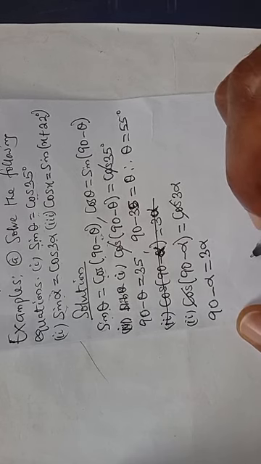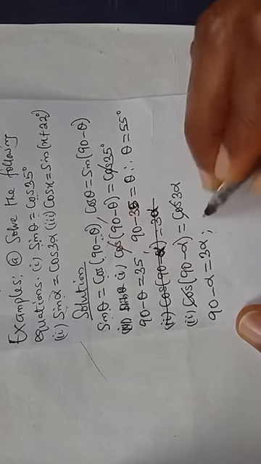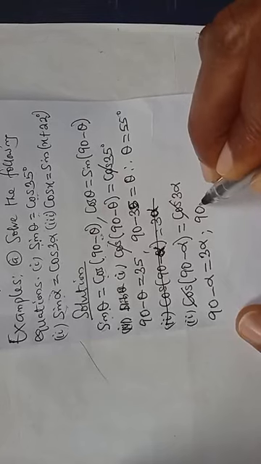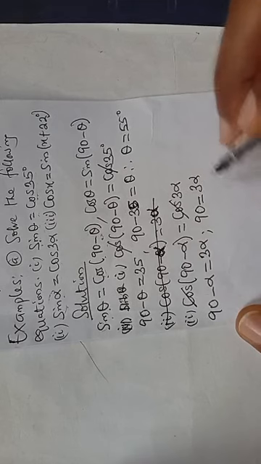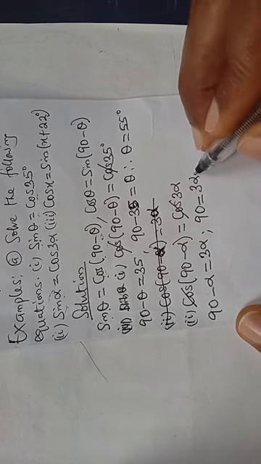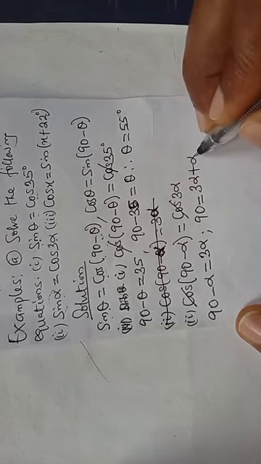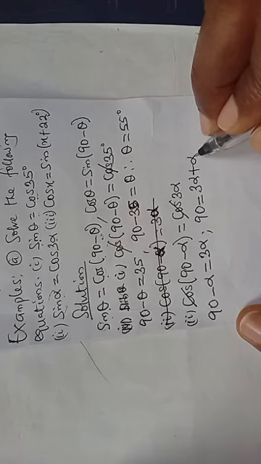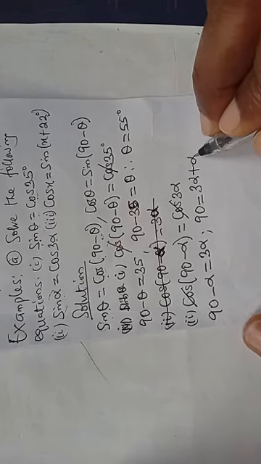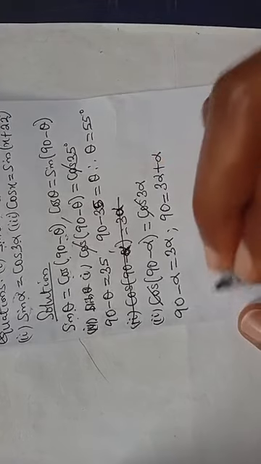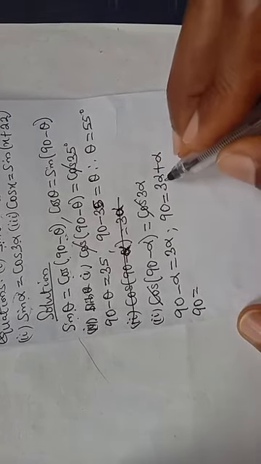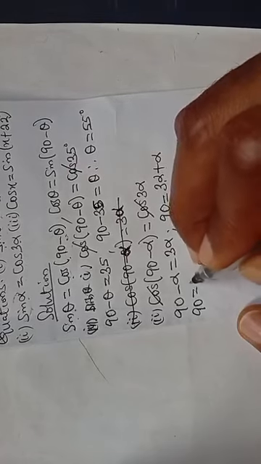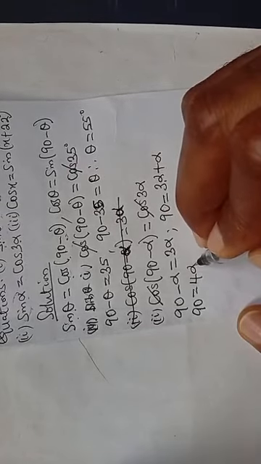At this point let's collect like terms. I'm going to have 90 is equal to 3 alpha plus alpha, which is 4 alpha.